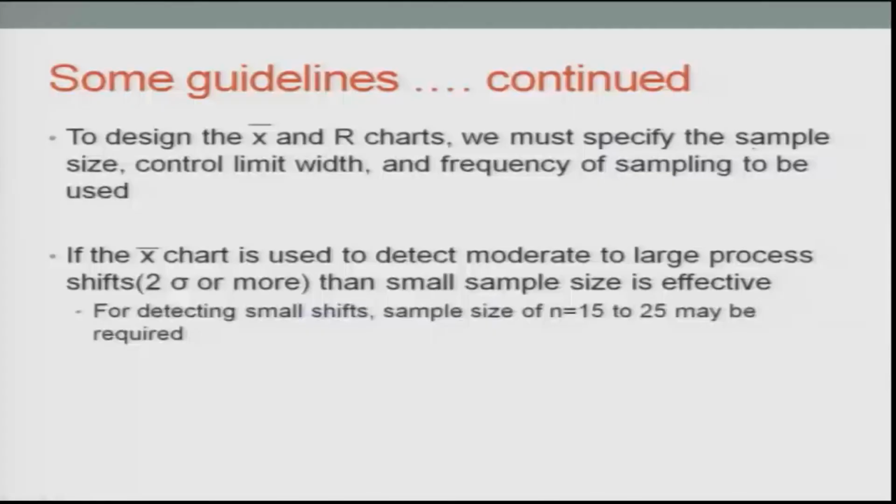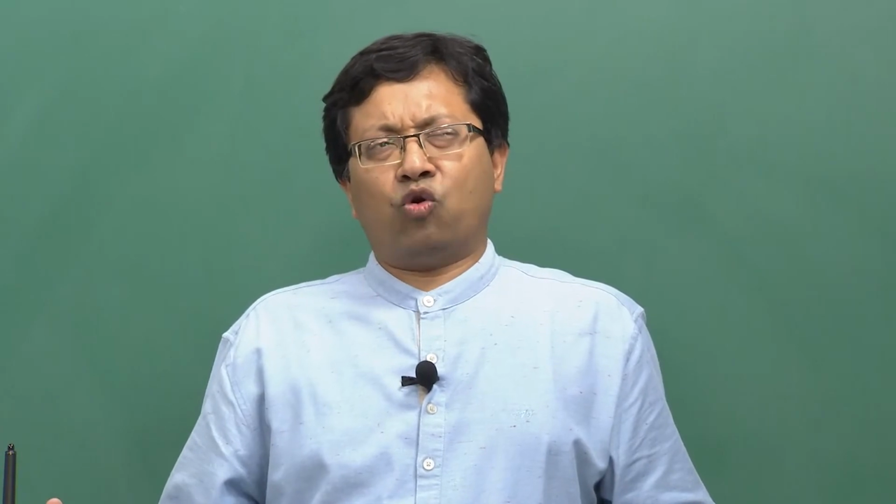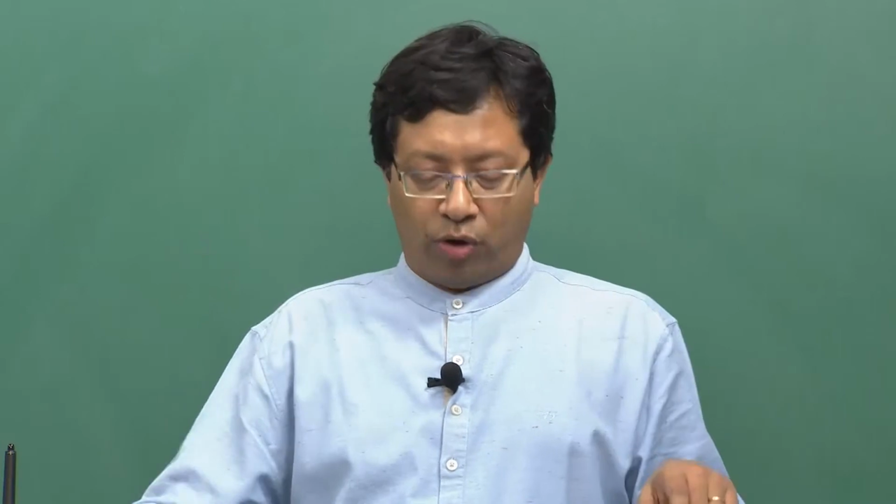If the X bar chart is used to detect moderate to large process shifts, of 2 sigma or more, then the smaller sample size is effective, because in that case you take small samples and technically take more of them, in order to overcome the problem of taking the whole set of observations at one go.